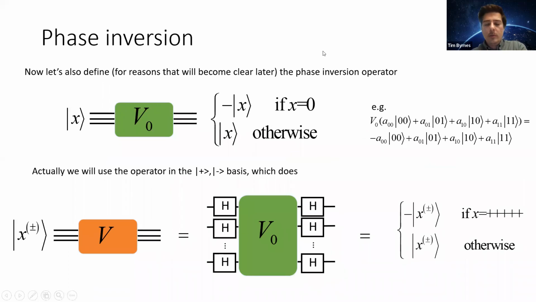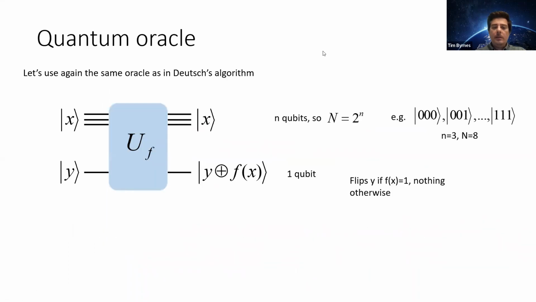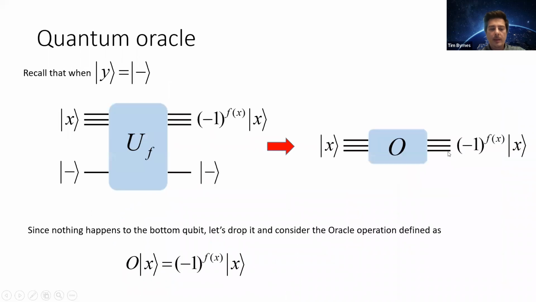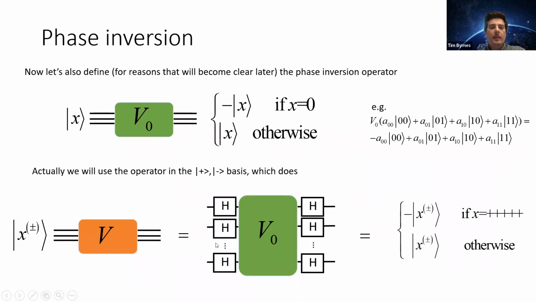So that's the oracle. Basically, we're going to encode this box here as something that puts a -1 phase on the states. Now, we're also going to need another very similar type of operator.